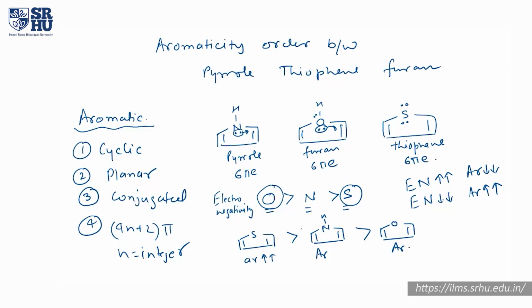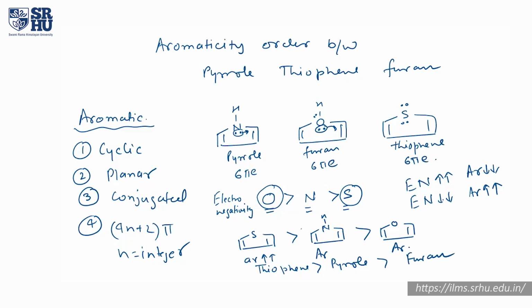If they do not give the electrons in the conjugation, their aromatic character will decrease. So hence the aromatic character follows the order: the highest aromaticity is of thiophene, then pyrrole, and then furan.